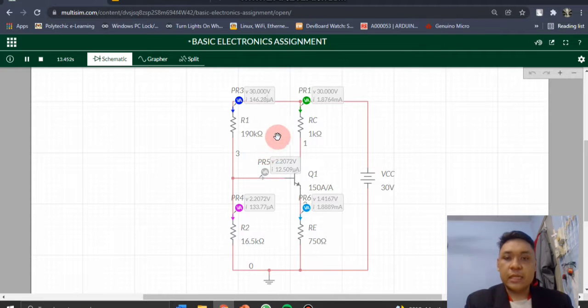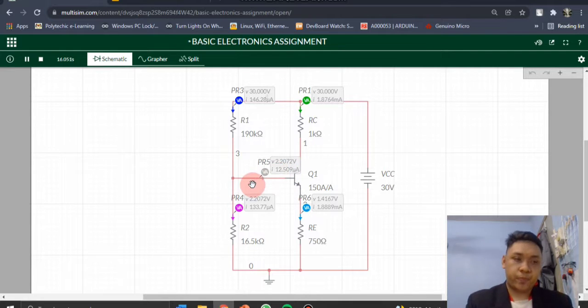So the formula is IC, the current that goes through RC. I got 2 milliampere on the left sheet. So 2 milliampere over the beta, which is 150. So we got here 12.509 microampere.